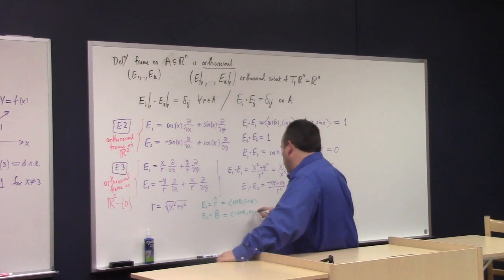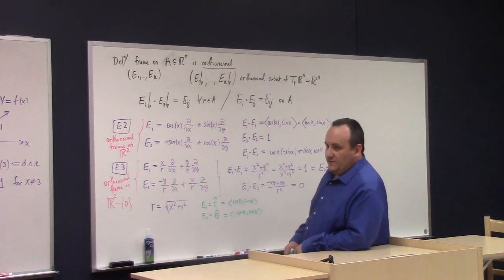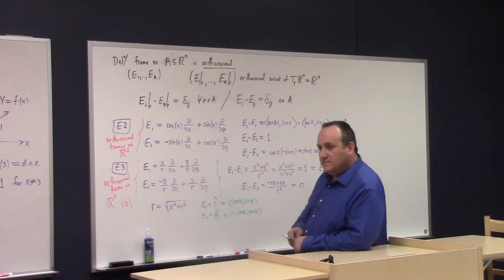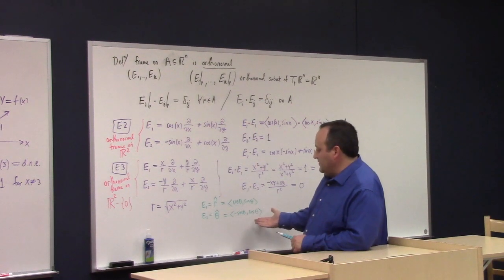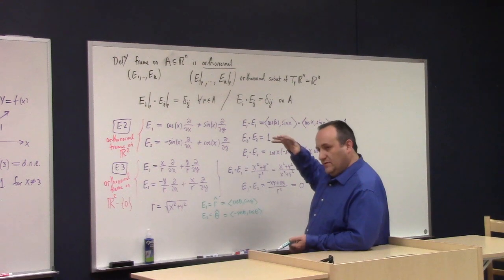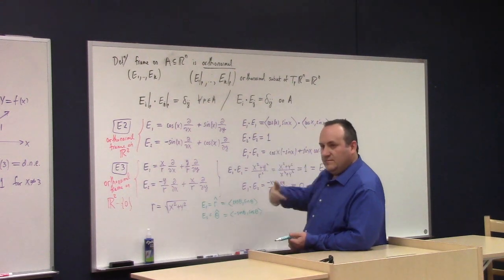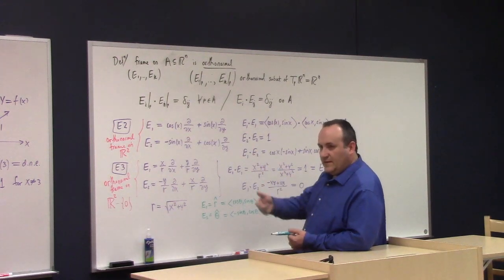Those are manifestly unit vector fields, and they're also manifestly perpendicular. To get one from the other, you just rotate by 90 degrees. You can just picture those. The r hat points radially out from the origin, and theta hat wraps around it. It is the tangent vector field to circles concentric about the origin.